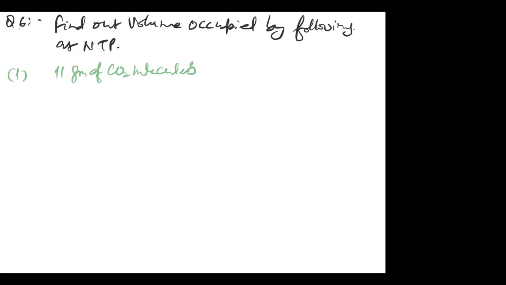If we have 11 gram of CO2 molecule, then for the interconversion, grams have to be converted into moles first, and moles multiplied by 22.4 give the volume occupied at NTP. The volume occupied is 11 divided by 44, the gram molecular mass, which is the number of moles.